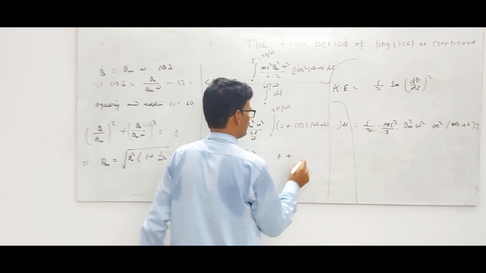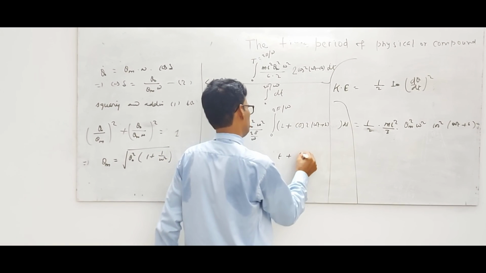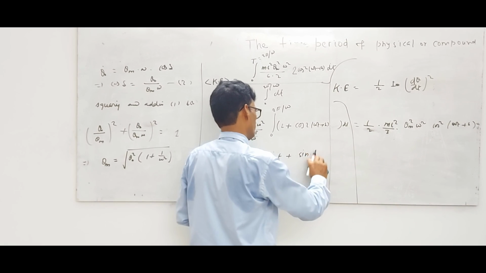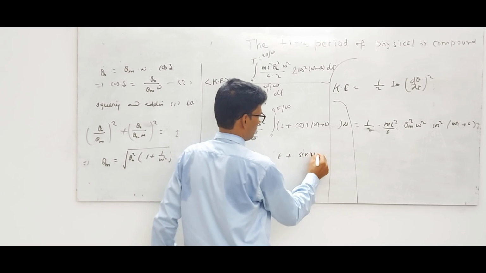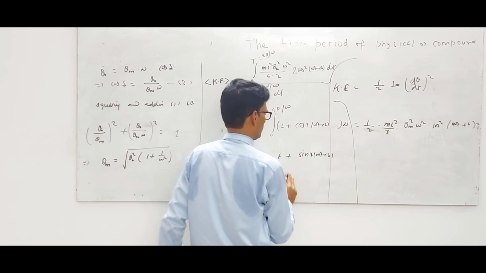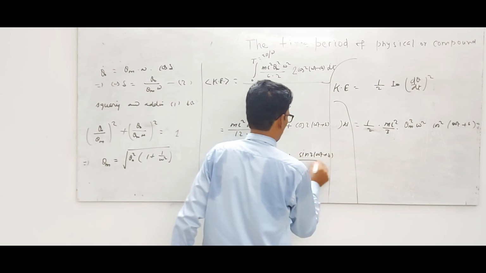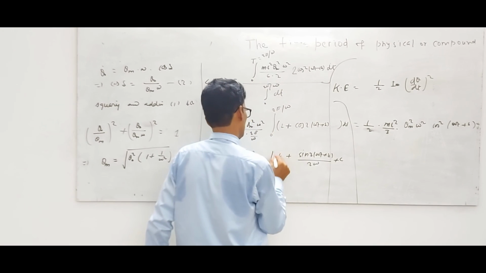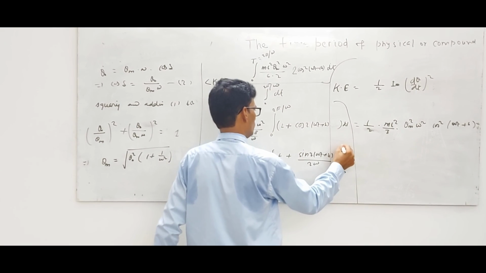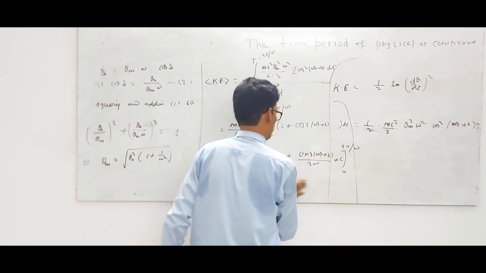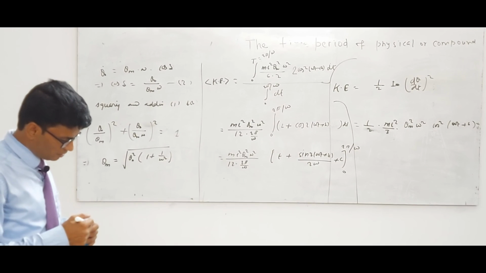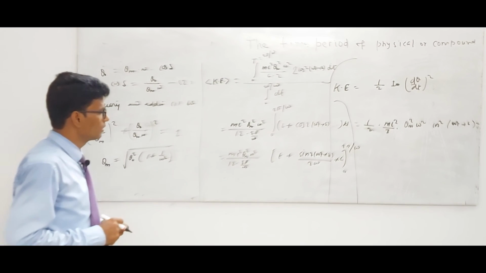Now this is sine of twice omega t plus delta, over 2 omega, plus c. Here 0 to 2 pi by omega. So upper limit minus lower limit.